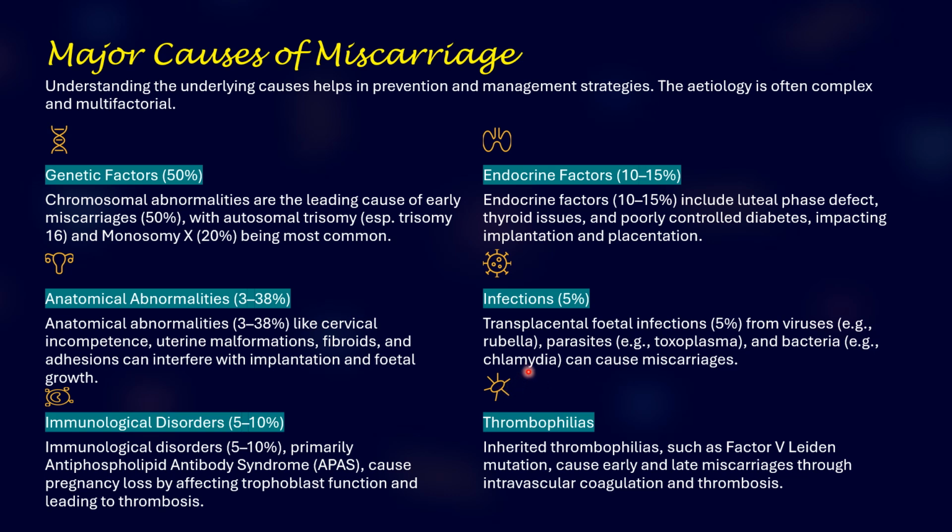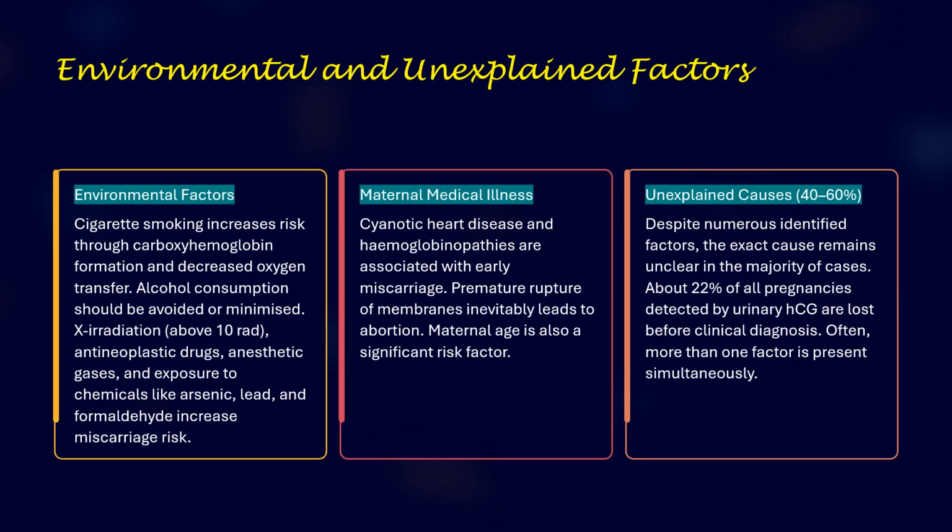This can also cause miscarriage. The sixth one is thrombophilia. Inherited thrombophilias such as factor 5 Leiden mutation cause early and late miscarriage through intravenous coagulation and thrombosis. There are other factors also that lead to miscarriage.